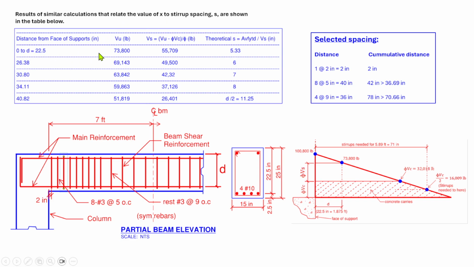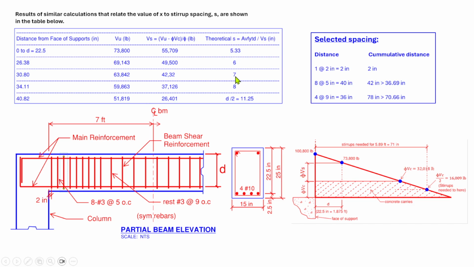We already calculated this spacing, 5.33 inches, at the distance d from the face of the support. Now, if we determine the spacing of stirrups at 6 inches on centers, the location of that is 26.38 inches from the face of the support.